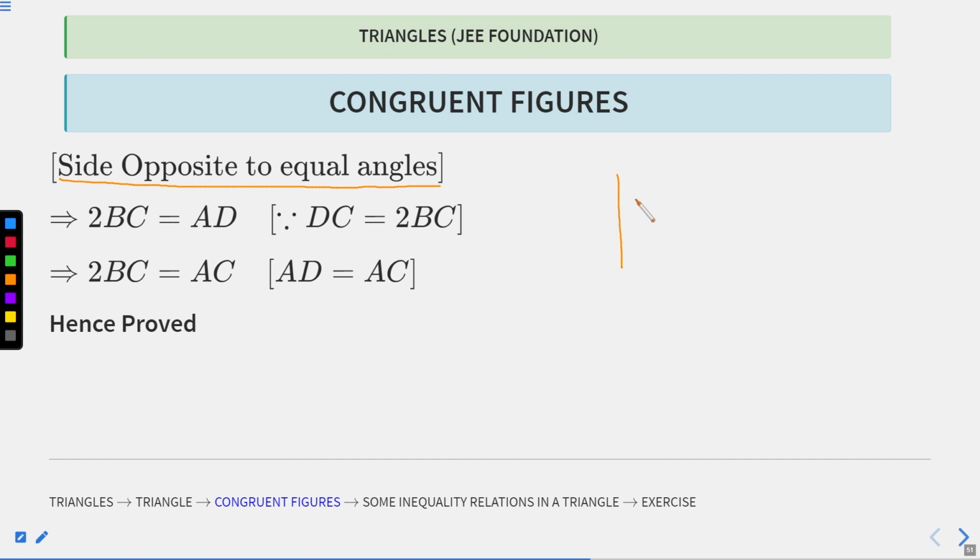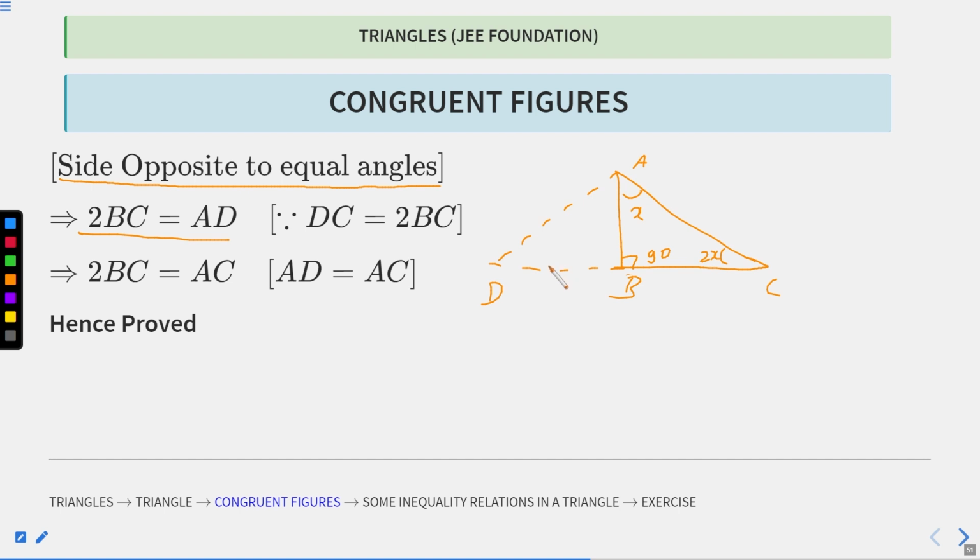Okay, now from this, this was my B, D, A, C is X, and 90 degrees. Here I can say that twice BC is equal to AD. Why?